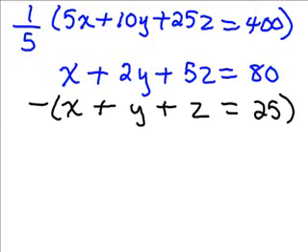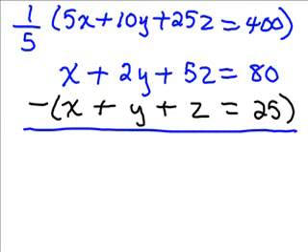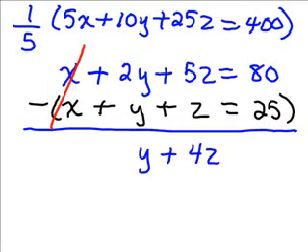And now I'm going to subtract out my first equation, x plus y plus z equal to 25. And what's going to happen is I'll eliminate my x's as before. So the x's are eliminated, and the two variables that I'm left with are the y's and the z's. 2y minus y is y, 5z minus z is 4z, and on the other side of the equation, 80 minus 25 is 55.